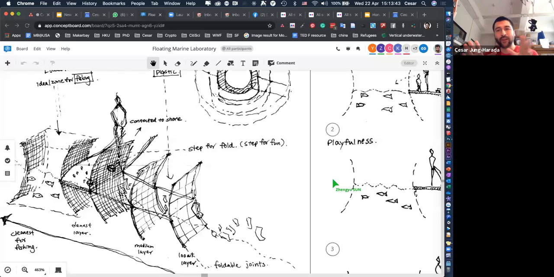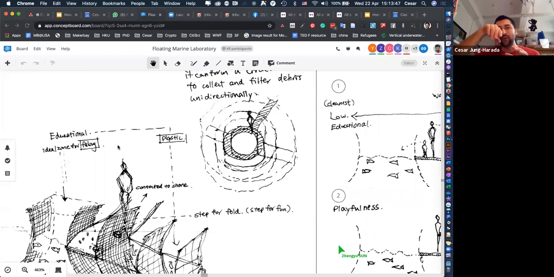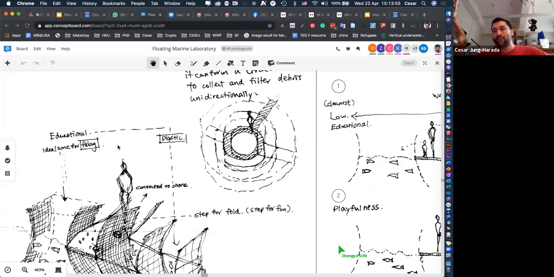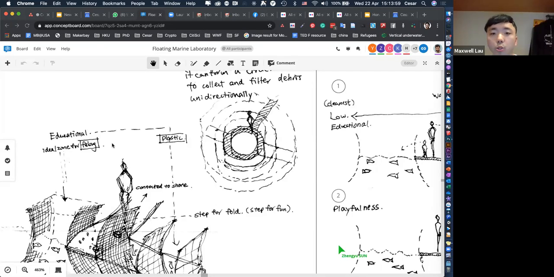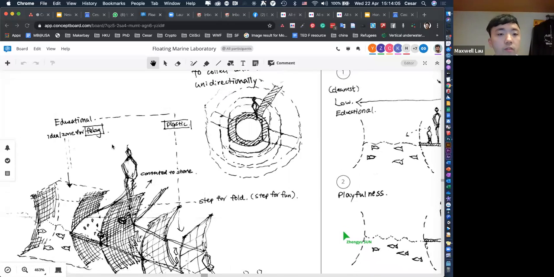So the circle in the middle is a platform for people to walk on top, and then you have a concentric, radial arrangement of the nets. Do you imagine the protected area to be on the outer ring or on the inner ring? I'm not sure. Maybe near the shore, for easier access to the fish farming.